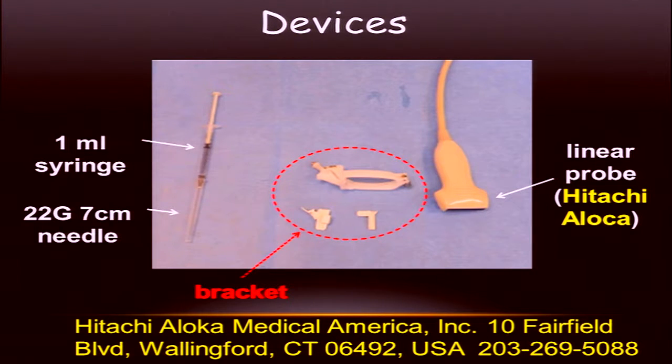We use Hitachi Aloka devices, but you should have similar devices for superficial injection or puncture. And we use a regular 1 ml syringe and a regular 22 centimeter needle. That is very cheap.